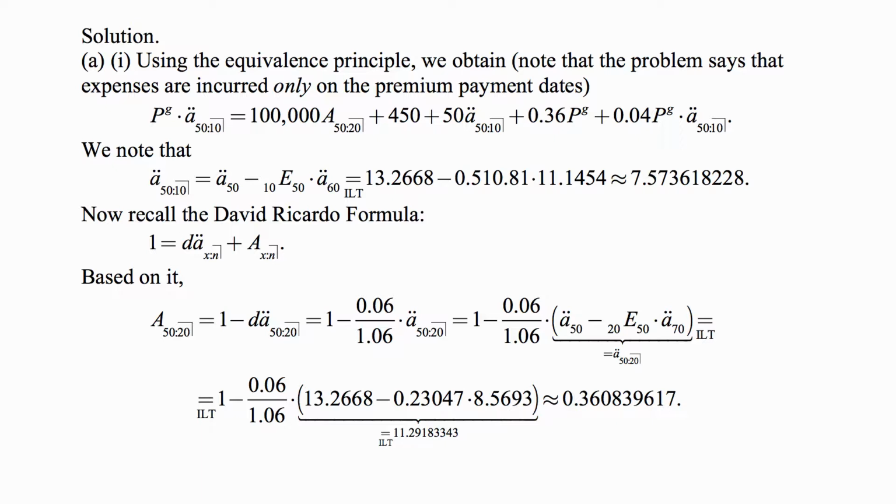And the same for the percentage of premium expenses, 0.36 that is only in the first year and then 0.04 in every year including the first. Also, the problem says that expenses are incurred only on the premium payment dates. So the expenses annuities are 10-year annuities, even though the death benefit and endowment benefit are for a 20-year endowment.